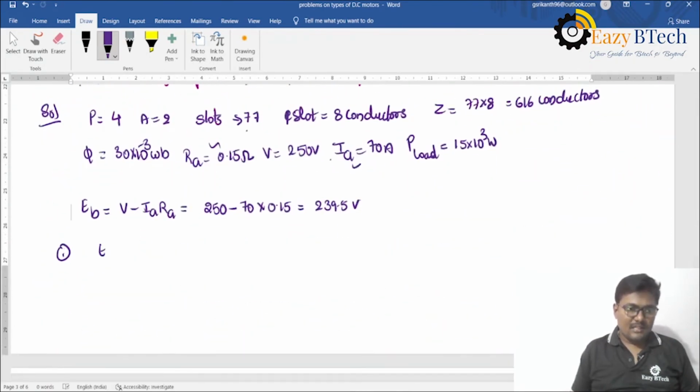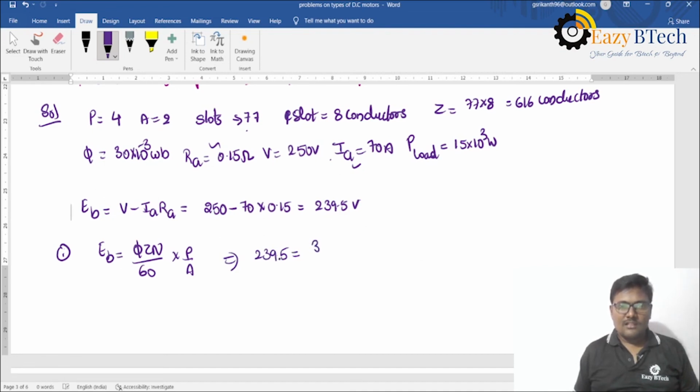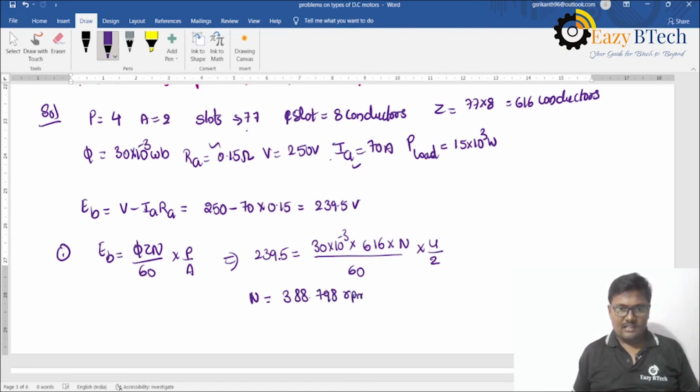So from the back EMF, EB equal to, we know the formula, phi ZN by 60 into P by A. So 239.5 is equal to phi, which is 30 into 10 to the power of minus 3, the number of conductors is 616, the speed we have to calculate, 60, and P by A is 4 by 2. So from this N, I got 388.798 RPM.